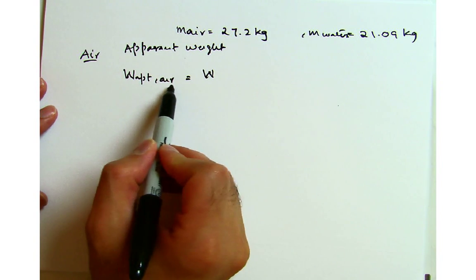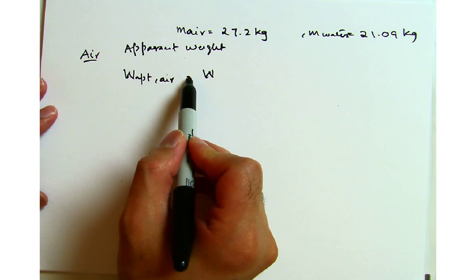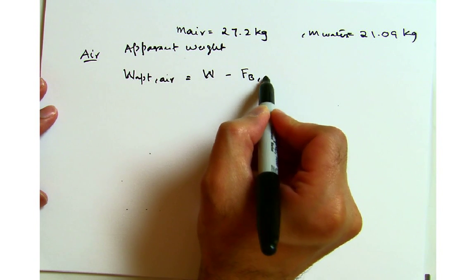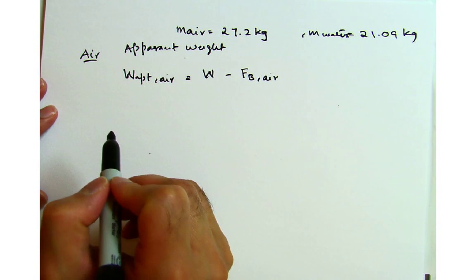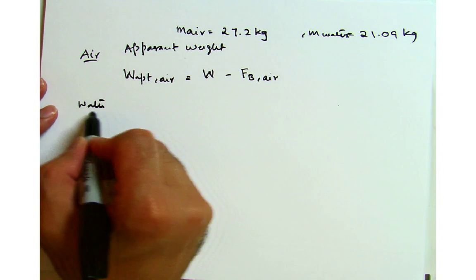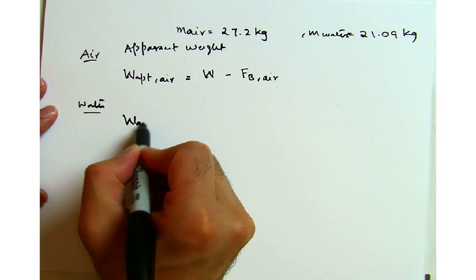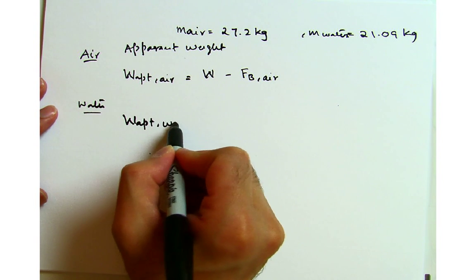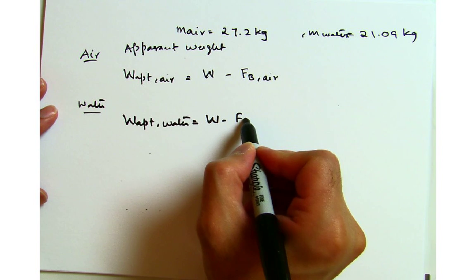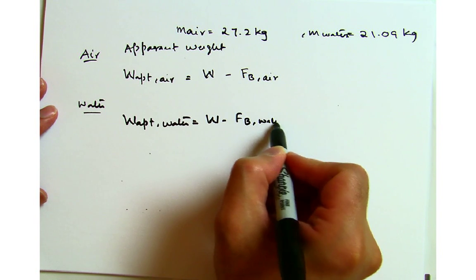So the apparent weight in air is equal to W minus the buoyancy force due to air. In a similar way, for water, the apparent weight in water is equal to the weight minus the buoyancy force in water.